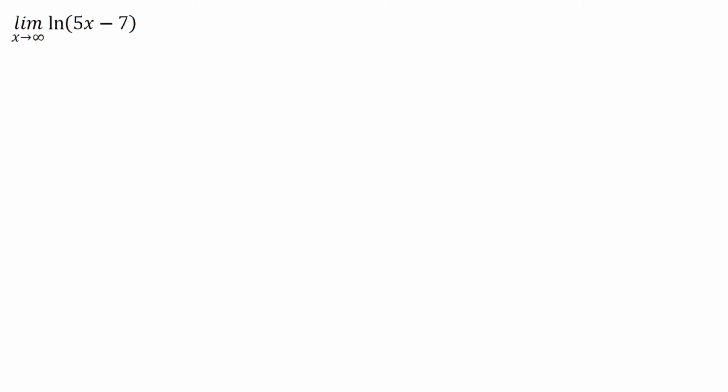For our next one here, we've got the limit as x approaches infinity of the natural log of 5x minus 7. So for these ones, we need to remember that the natural log function looks like this, right? As x approaches infinity, the natural log function equals infinity. And as we approach 0 only from the right-hand side, it equals negative infinity.